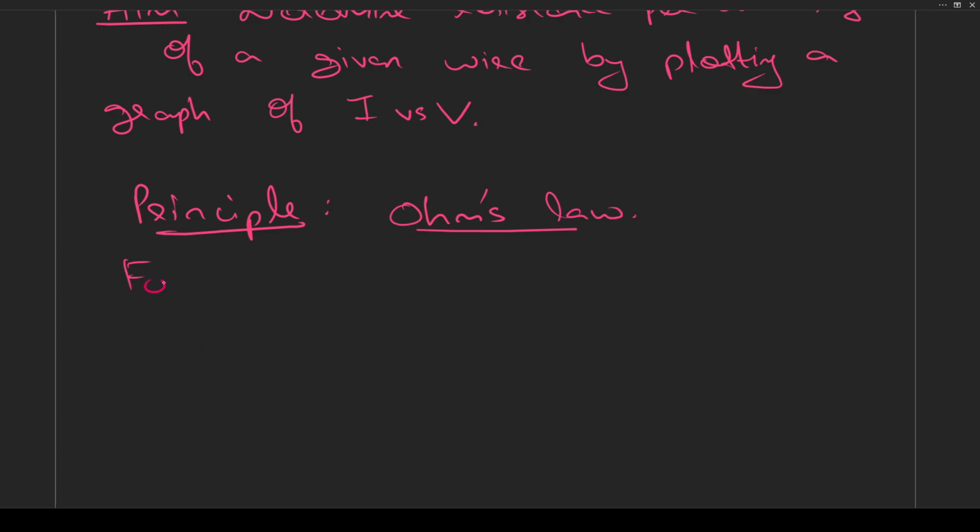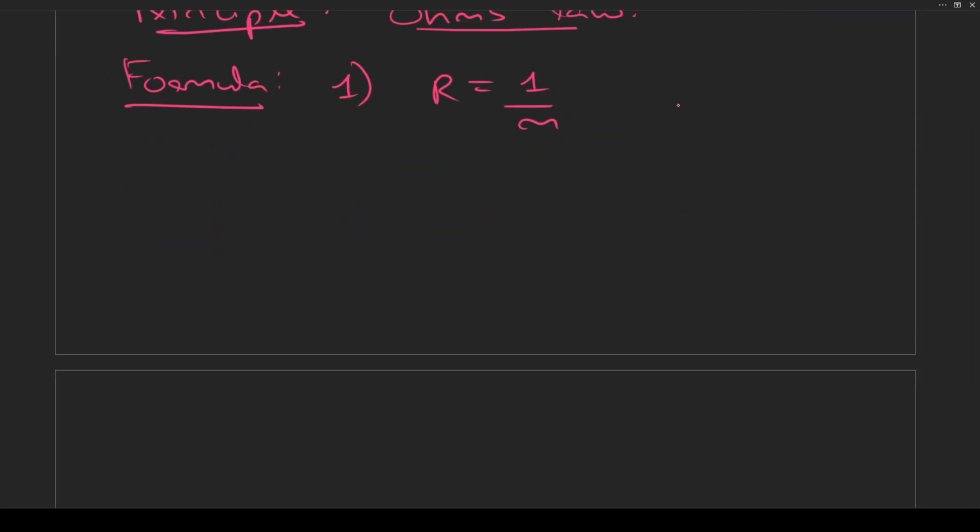Then formulas of this experiment. First formula, R equals 1 by M. That is, M is the slope, R is resistance. We get resistance by taking the inverse of the slope. How we get that, I showed before.